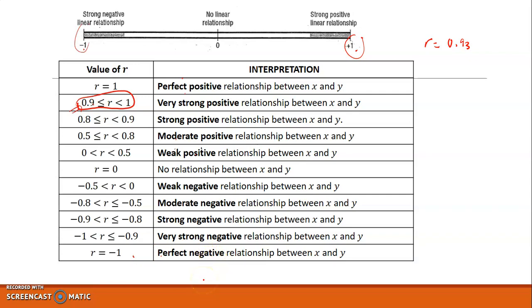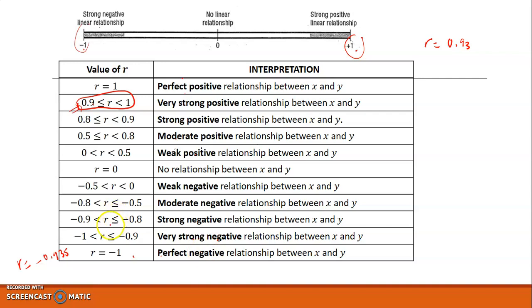But if the R value is more than negative 1 but less than or equal to negative 0.9, let's say R is negative 0.935, this is a very strong negative relationship.